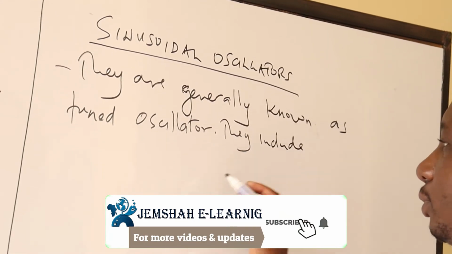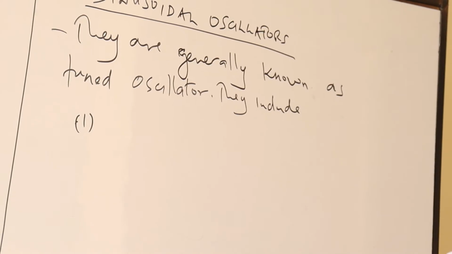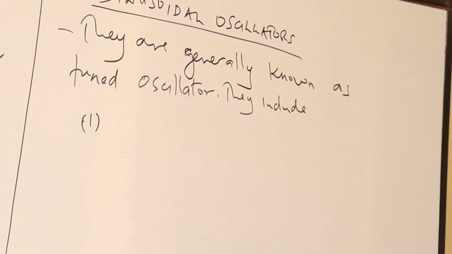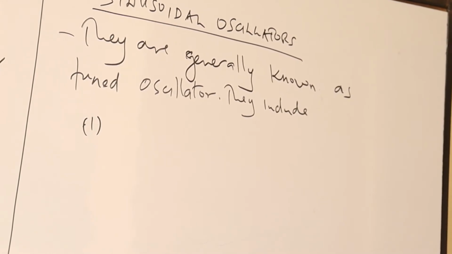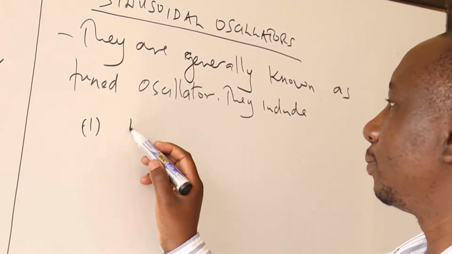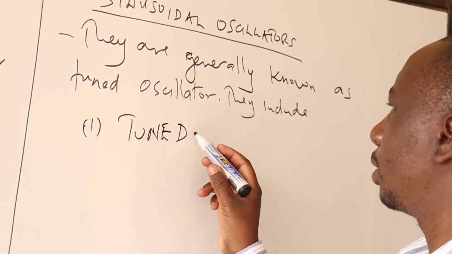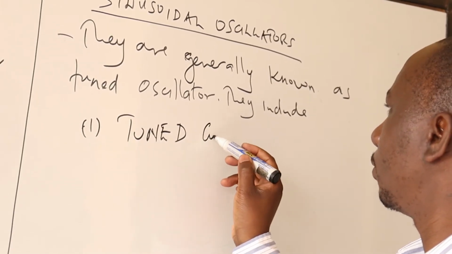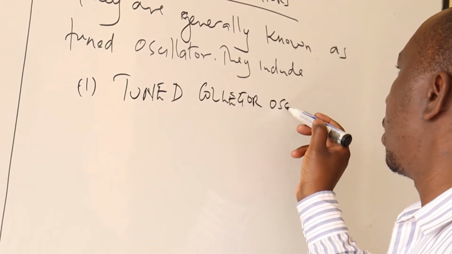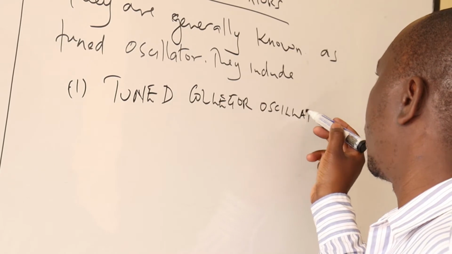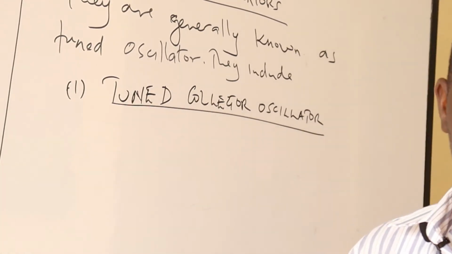They include, Type 1, the tuned collector oscillator. So we are going to have the diagram.